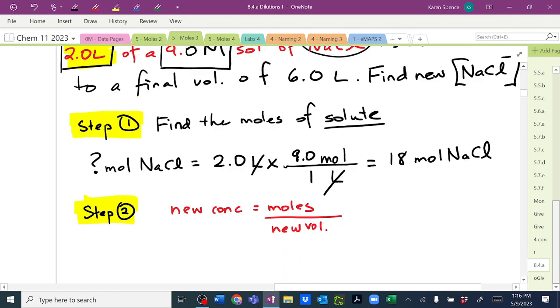Yes, so it's going to be moles over liters, but it's going to be the new volume because we're looking at the new concentration. So how could we write concentration of NaCl? What notation should we use? Yes, square brackets of NaCl. I'm going to put a subscript new, so I know that this is my new concentration.